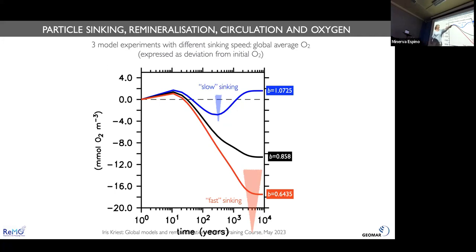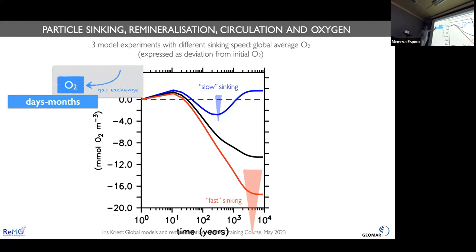Initially, oxygen goes a bit up in the ocean. In the first years, the ocean is taking a bit of a breath because the water might be a bit cold and there's a lot of uptake through air-sea gas exchange. But then oxygen starts to decline in the ocean over the next 100 years.